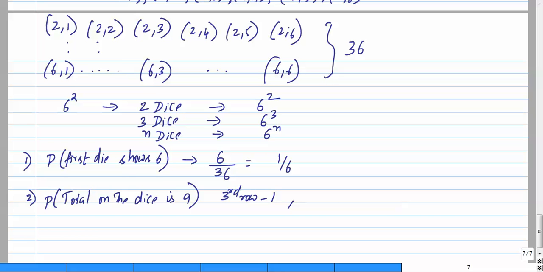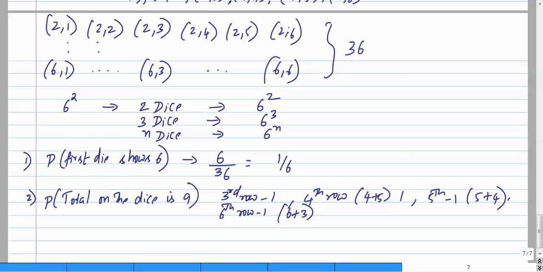In the fourth row, I have 4 plus 5. So I have 1 here. In the fifth row, again I have 1 because it is 5 plus 4. And in the sixth row, I have 1. What is that? 6 plus 3.